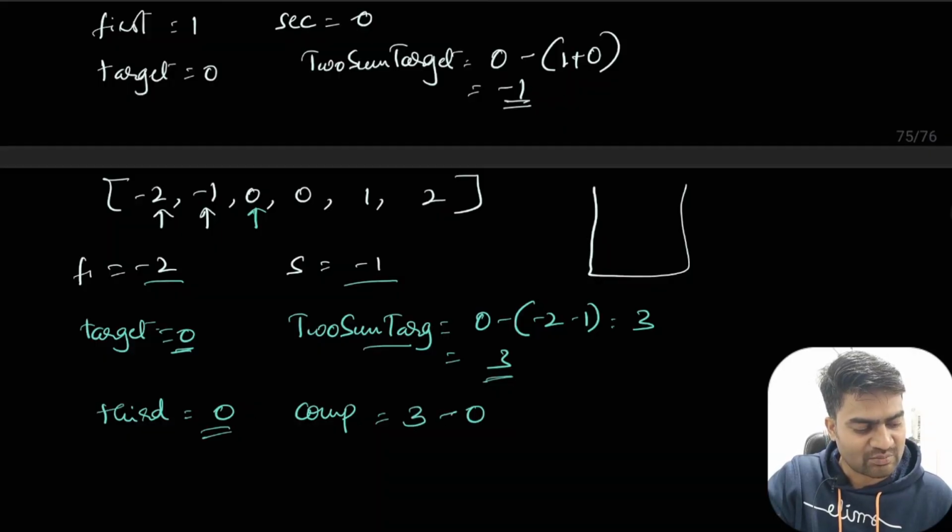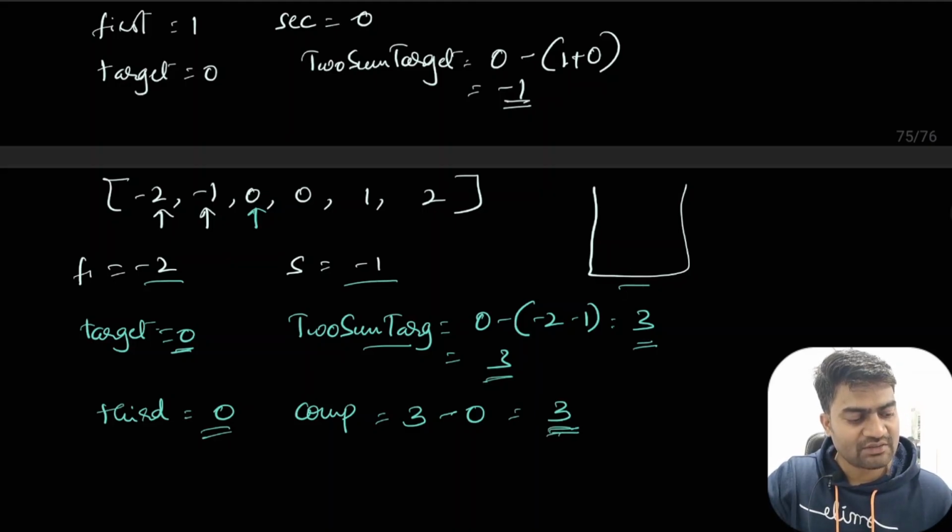Do we have 3 in our hash set? No. So if that is not there, then we will simply put 0 and proceed with the next number. Again we have 0, so do we want to consider 0? Because we have already processed it, I will skip that. This is what is called skipping the duplicates.